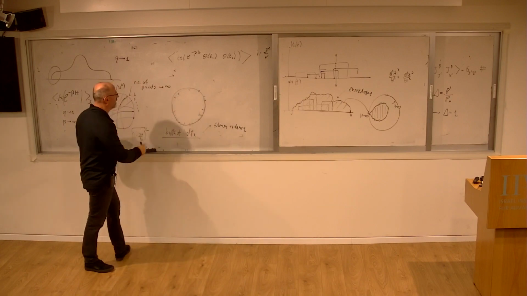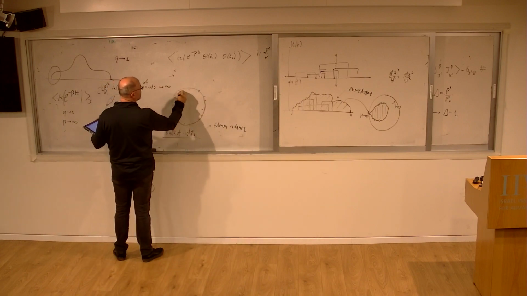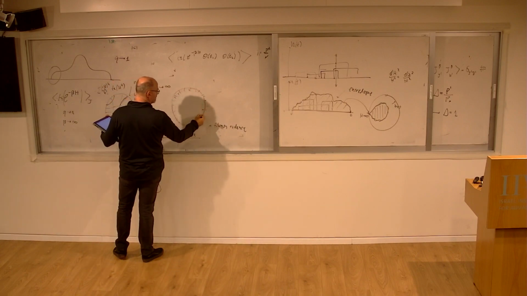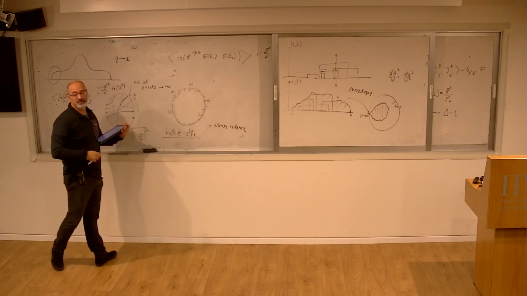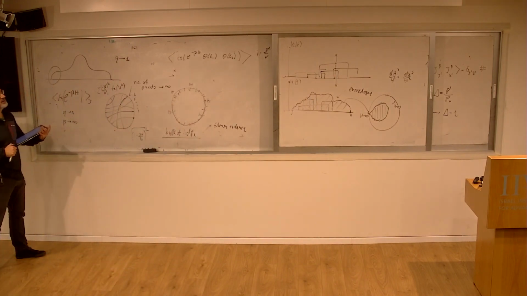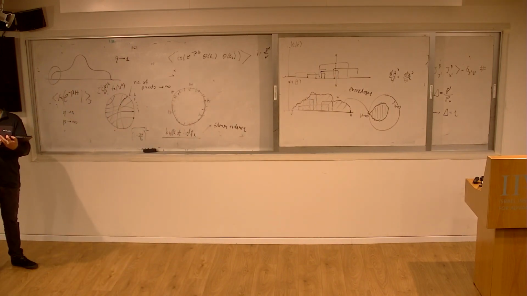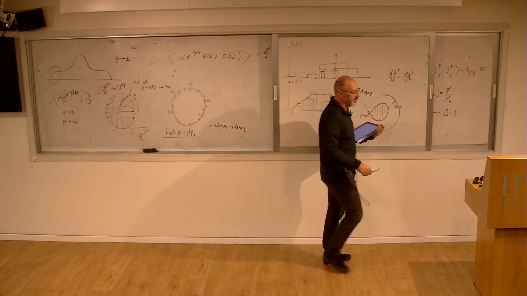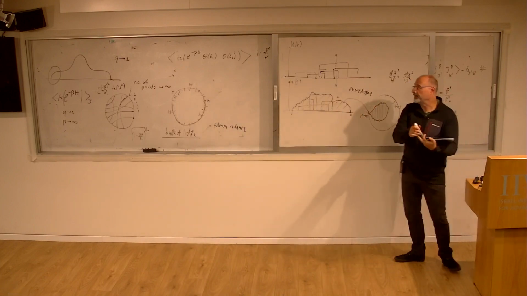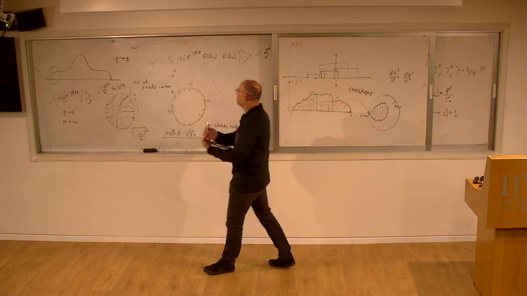And I have these insertions of H's. What will change in this diagram because I've inserted this additional operator O? What's going to happen is that I'm going to have two places where I've inserted O, right?